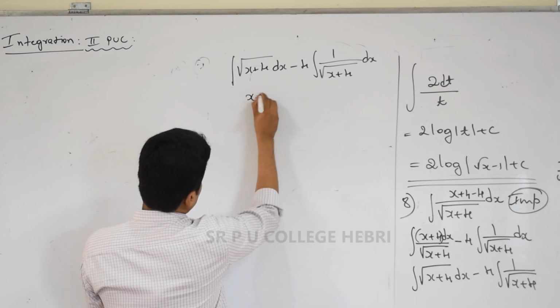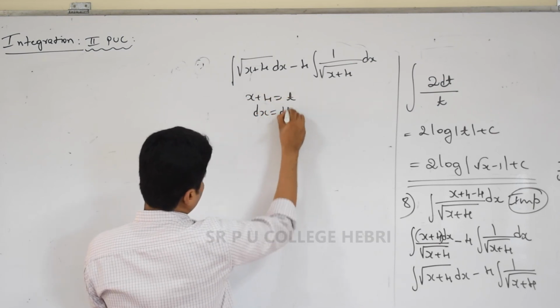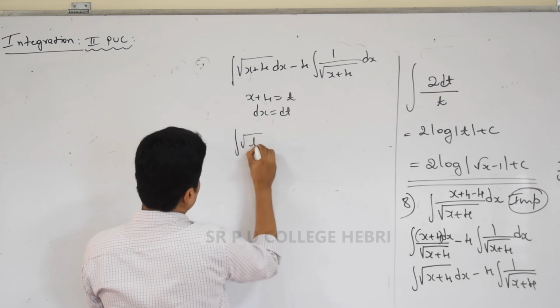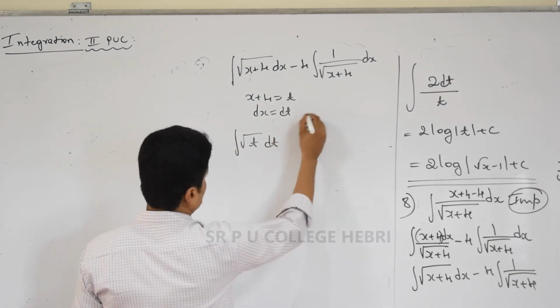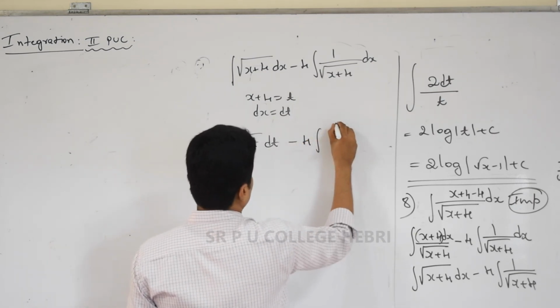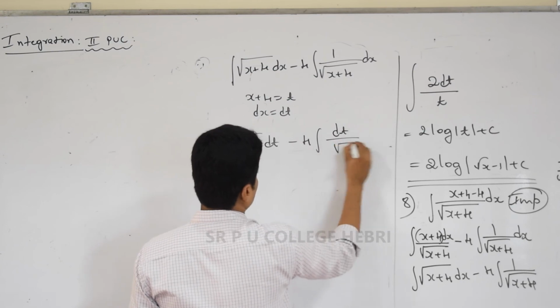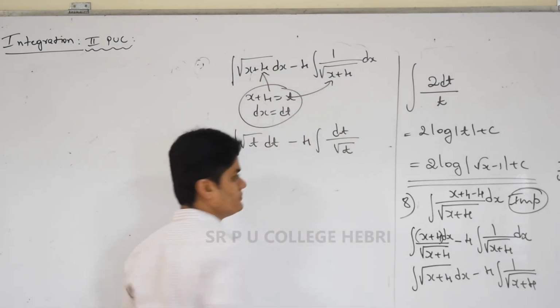Here you substitute x plus 4 equal to t, dx equal to dt. So this will be root t dt, no problem, direct answer. Same thing for the second: minus 4 into dt by root t. The same substitution works for both.